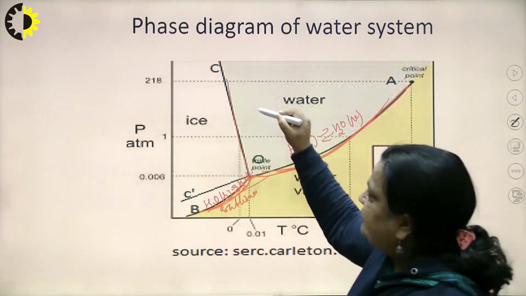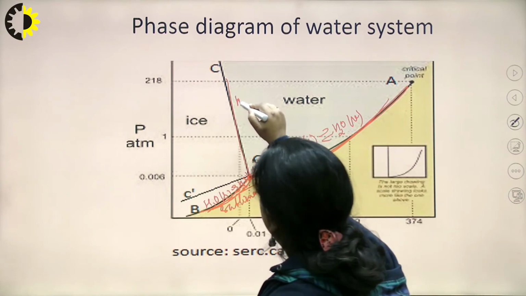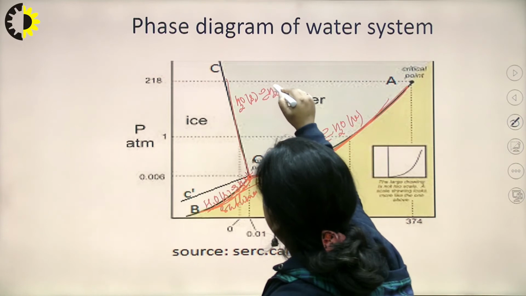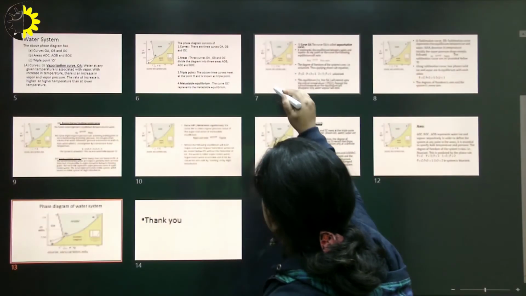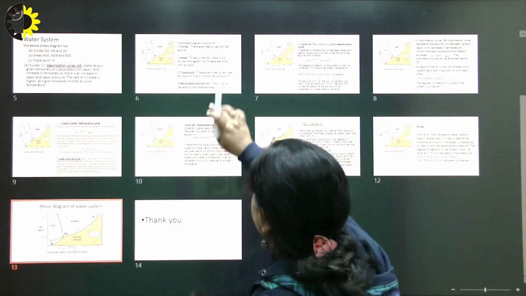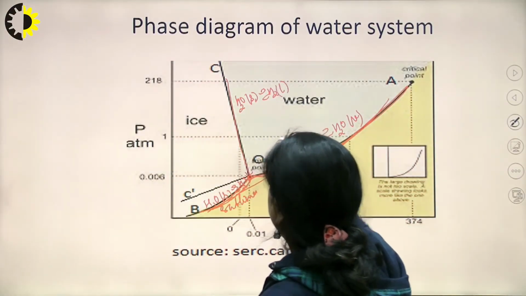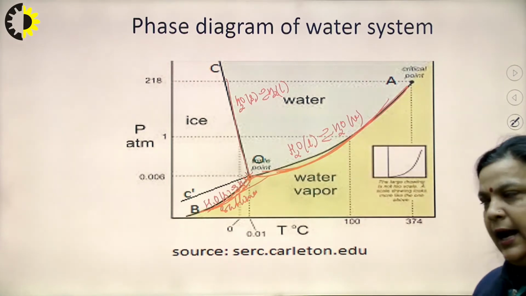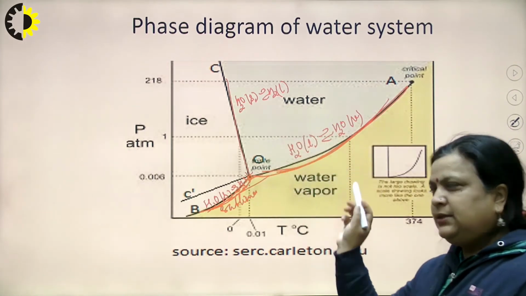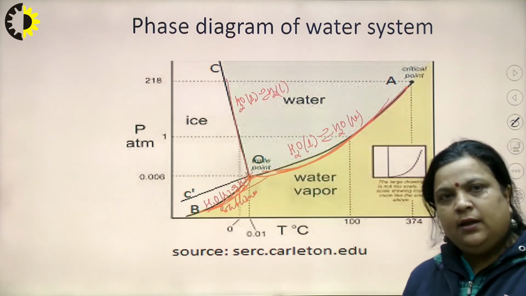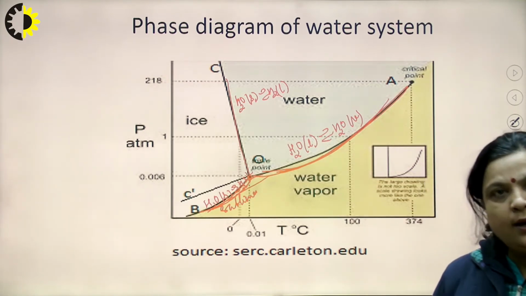So, along OC, solid is in equilibrium with liquid. And it has already been discussed that for any curve, whether it is OA, OB or OC, the degree of freedom will be 1.